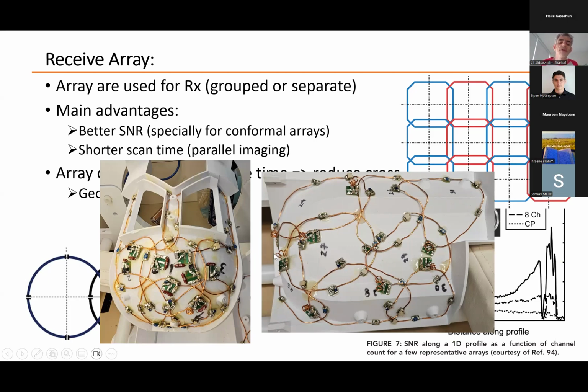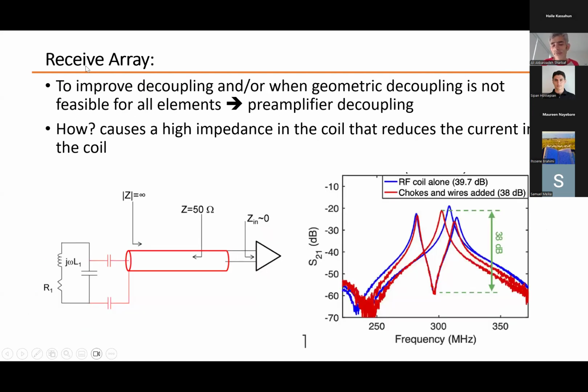One of the most common decoupling strategies is preamplifier decoupling. What does it mean? If we use the right length of coaxial cable, and there are some capacitors here, not shown here, with the right length of the cable and the capacitors, we can see a very huge impedance from this side because the impedance is transformed over the length of the cable.